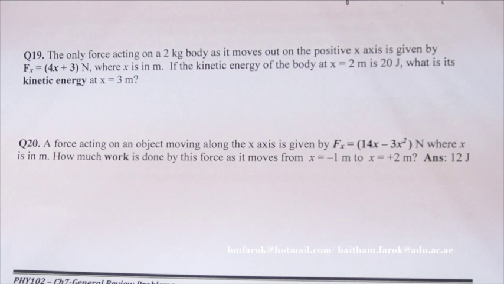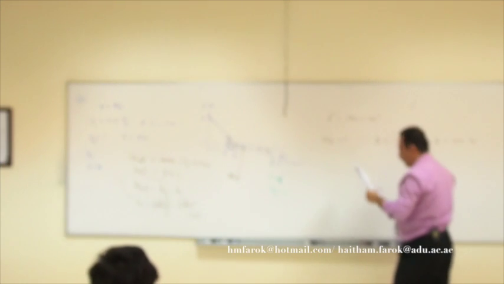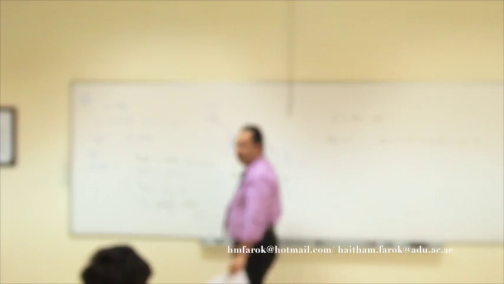How much work is done by this force? Find the work done by this force, W_F, as it moves from position x equal minus 1 to position x equal plus 2 meters.